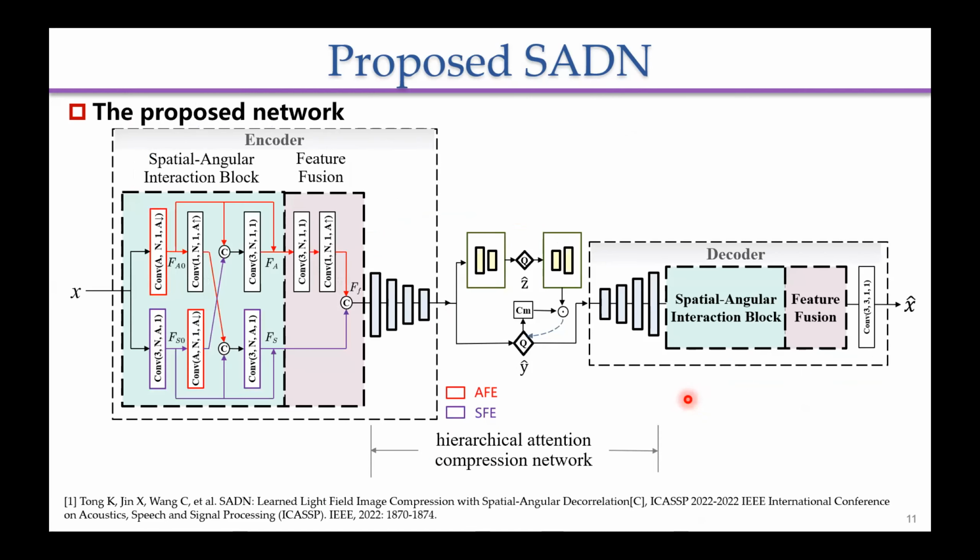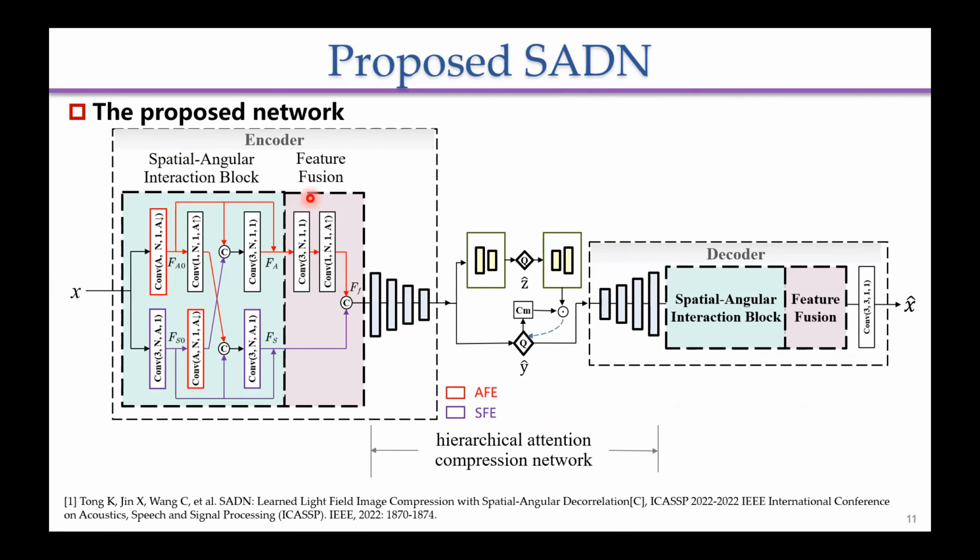That is why we propose this network, which we call the spatial angular decorrelated network. It uses a spatial angular interaction block, feature fusion, and an attention network as the backbone to fully exploit the correlation.